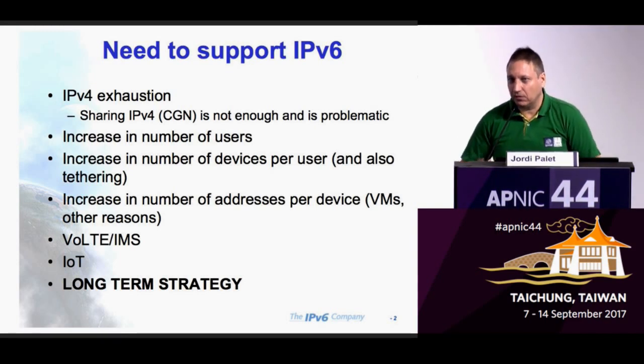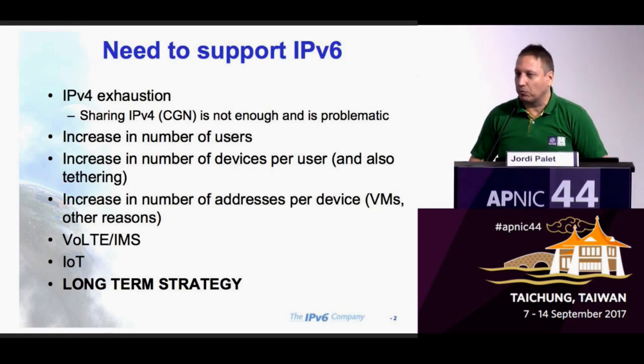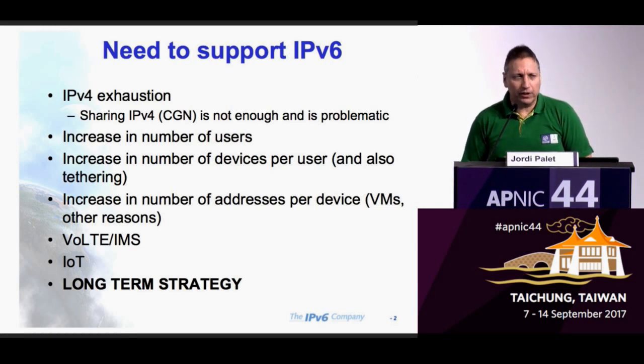So whatever position you look from, you are asking for more and more addresses. With new technologies like voice over LTE, IMS, Internet of Things, no way. You really need to go to IPv6. I think that's clear for everyone.